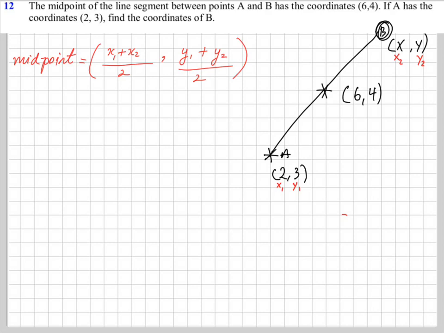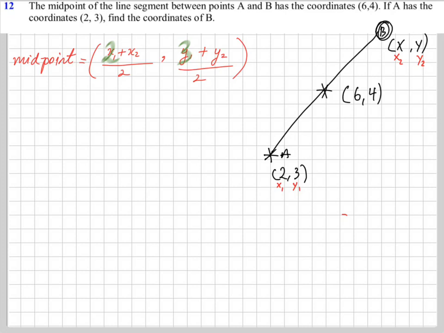So our x1, which is the x coordinate for the first point, is 2. So I'm going to put 2 there. Our x coordinate for the second point, we don't know what it is, so I'm just going to write x2. I'll leave it as is. And then we have our y1, which is 3, so I'm going to substitute 3 in there.